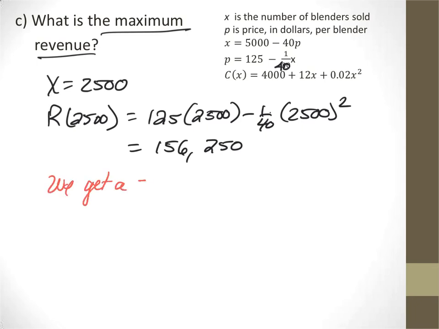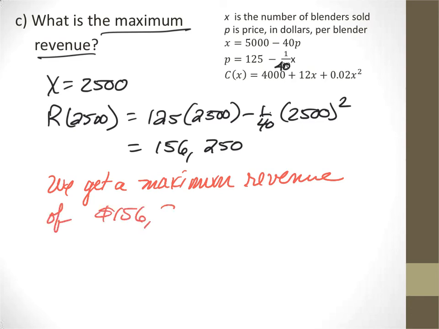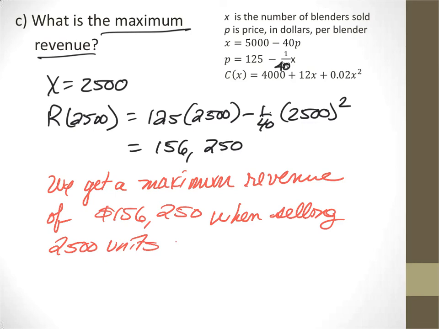We can now write our final solution. We get a maximum revenue of $156,250 when selling 2,500 units at $62.50 per unit.